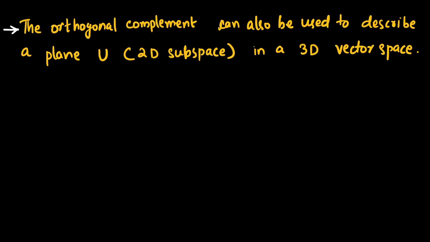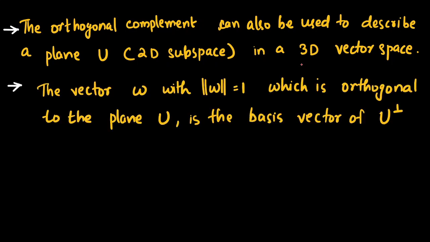Then the orthogonal complement can also be used to describe a plane U, a 2D subspace in a 3D vector space. So we can say that a plane in 3D vector space can be considered as a subspace, or we can take it as an orthogonal complement.